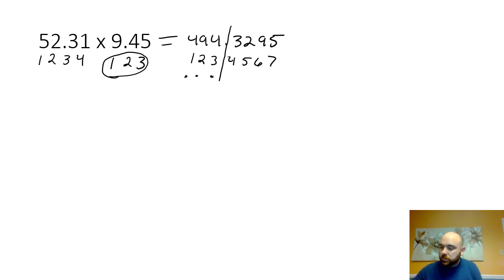So we are going to round behind the decimal, and we'll notice the number here in this position, the 3, is lower than 5, so our 4 is not going to change. So that means the answer becomes 494. So to the correct number of sig figs, the answer to 52.31 times 9.45 is actually 494.